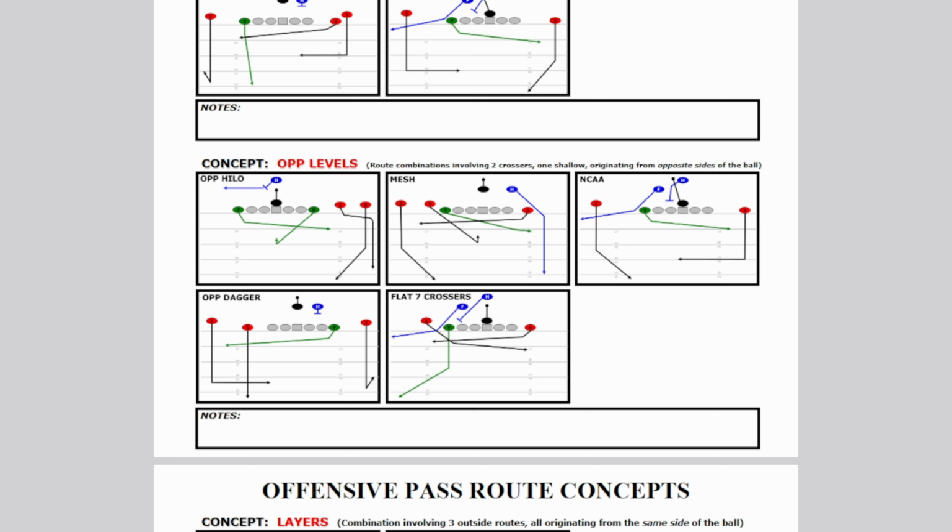But if you did get somebody who was running some sort of dagger concept, right, which by itself can be its own specific concept, right, which would be what, inside stack, compared to also having the guy run across the field, it's opposite levels and inside stack. So when this happened in football, we would usually choose to name the concept to where the ball went, just to make it simple.